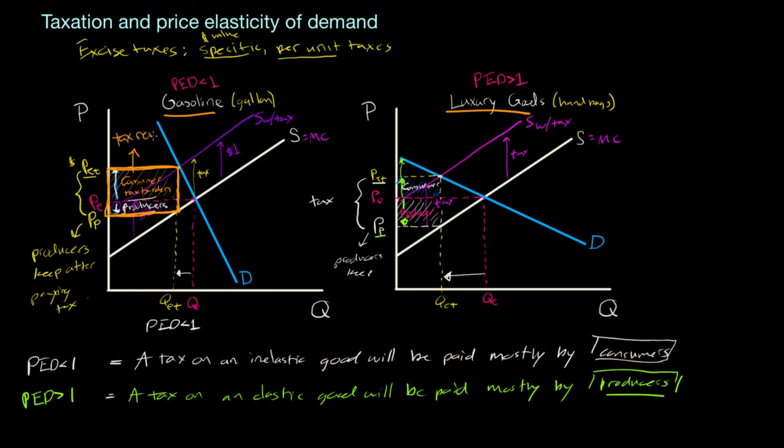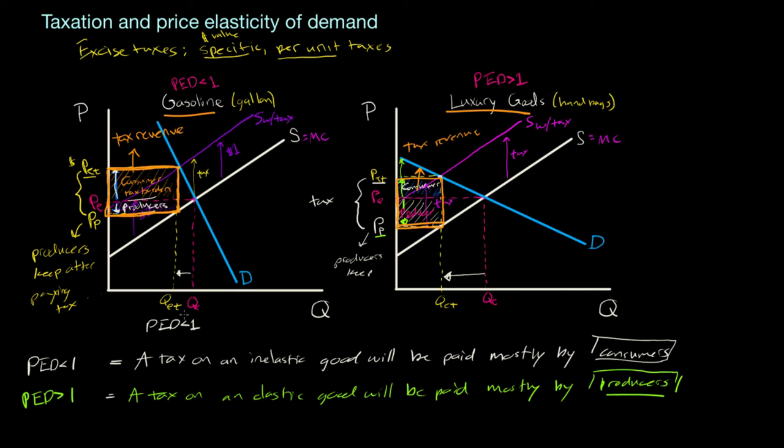This is the total tax revenue generated by a tax on gasoline. And in this graph, I can see the total tax revenue as the sum of the consumer burden and the producer burden. So in orange, I've outlined the tax revenue. And all we have to do is look at those two rectangles and say, well, which one appears larger and why?